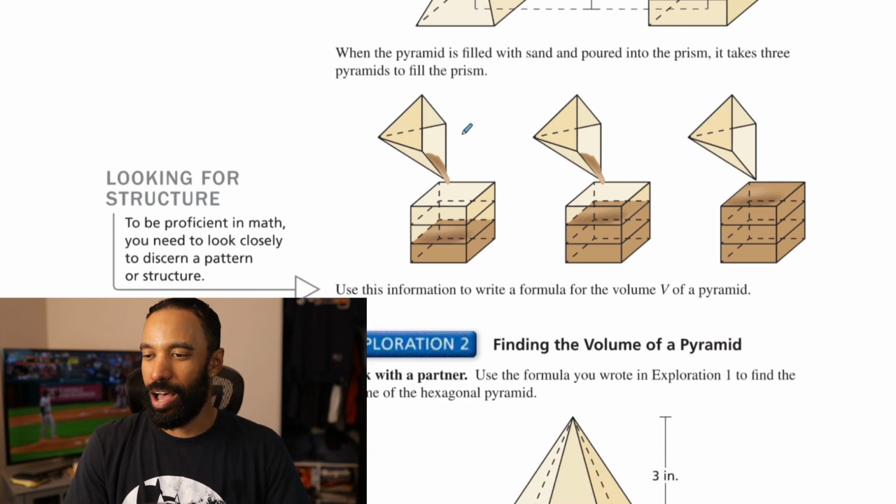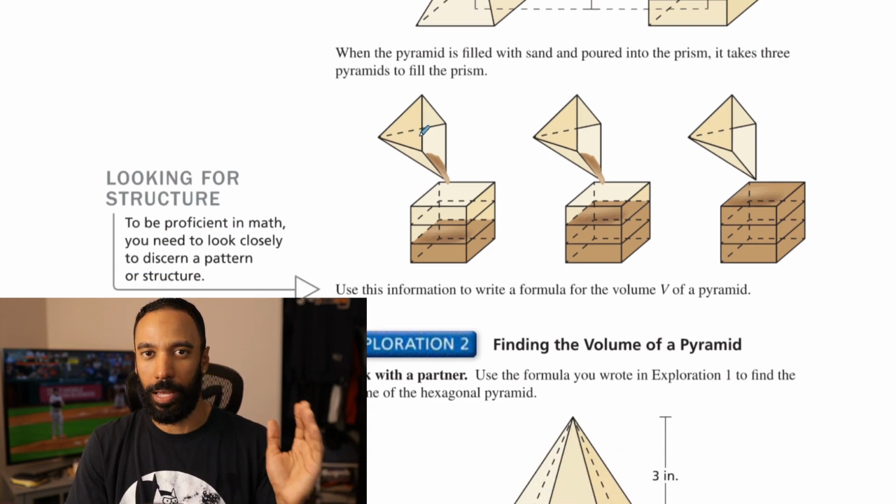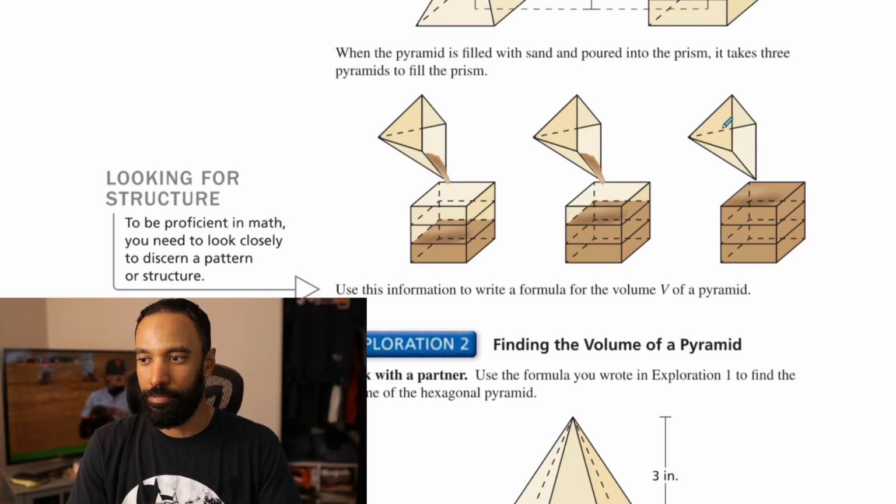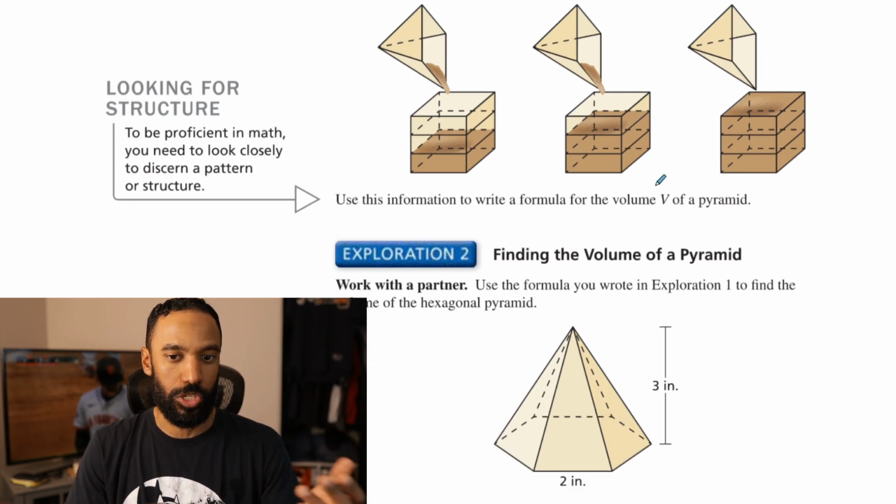Okay. So if you have enough sand, you can fill up 3 of these pyramids into 1 of these prisms. What that means is what you think it means.